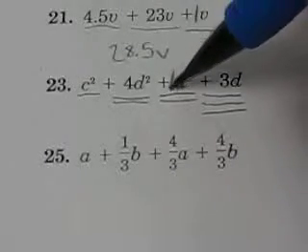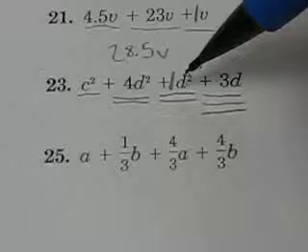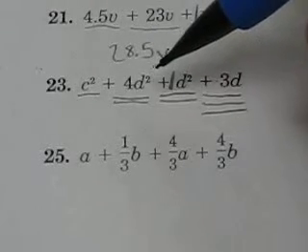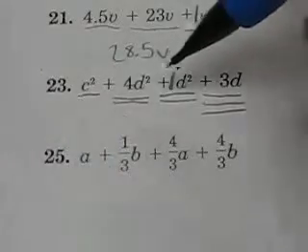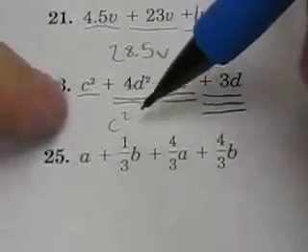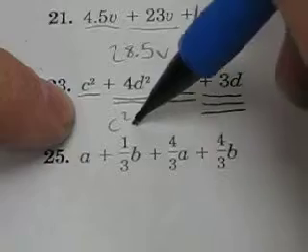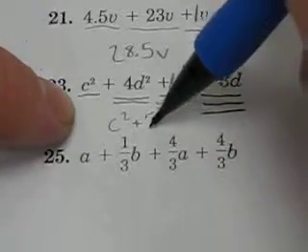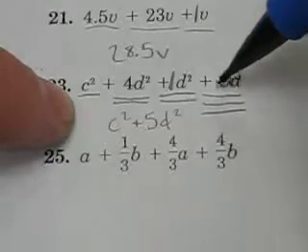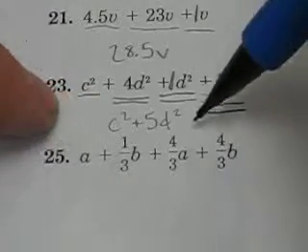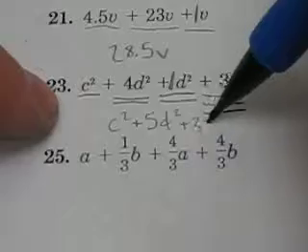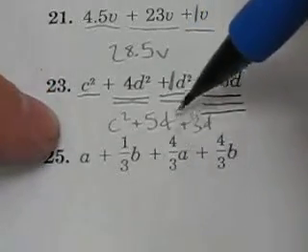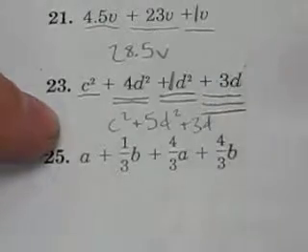Keep in mind that we can pretend there's a 1 in front of that third term. So when we write that in simplest form, we're going to have c squared, since there's nothing to combine that with, plus 4 plus 1 is 5, so plus 5d squared. The 3d, there's nothing to combine it with, so we just add it on, plus 3d. So number 23 should be c squared plus 5d squared plus 3d.